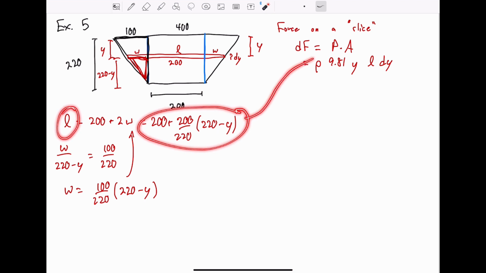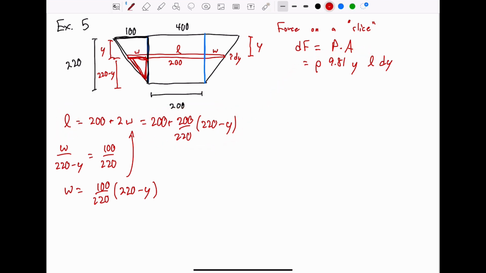Let's write that in the representative force on a slice, and then we'll integrate to find the total amount of force. The density of water is 1,000 kilograms per cubic meter times 9.81 times y times the value for L, which is 200 plus 200 divided by 220 times 220 minus y, dy at the end.